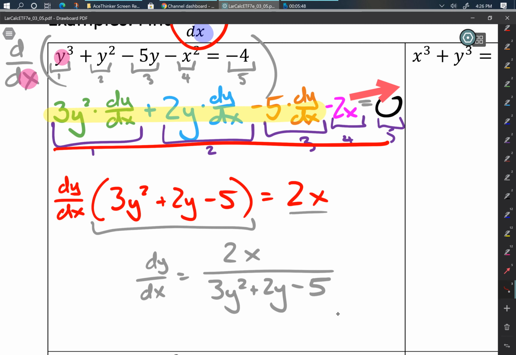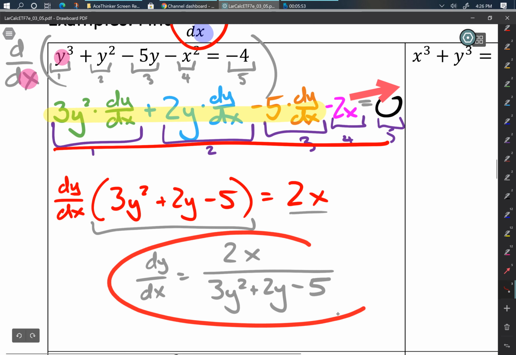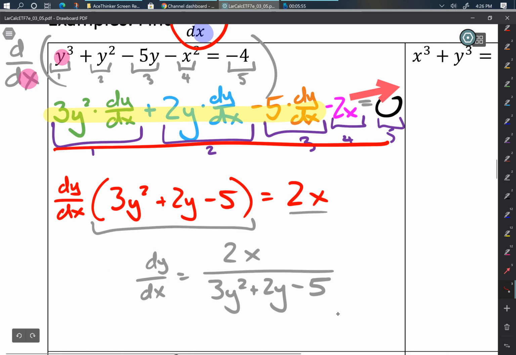In fact, I would say this. If you're working one of these problems and you get to the step where you isolate dy dx, and the other side of that equation is not a fraction, the first thing you should do is ask yourself, where did I screw up? That's how common it is.